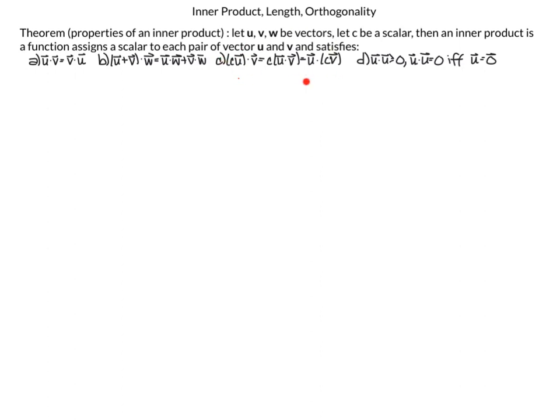Next, we have this way of pulling out constants. So the dot product of v with cu is equal to c times the dot product of u and v, which is equal to u dotted with cv. And last, the dot product of a vector with itself, u dot u, is always greater than or equal to 0, and it's equal to 0 if and only if u is 0.